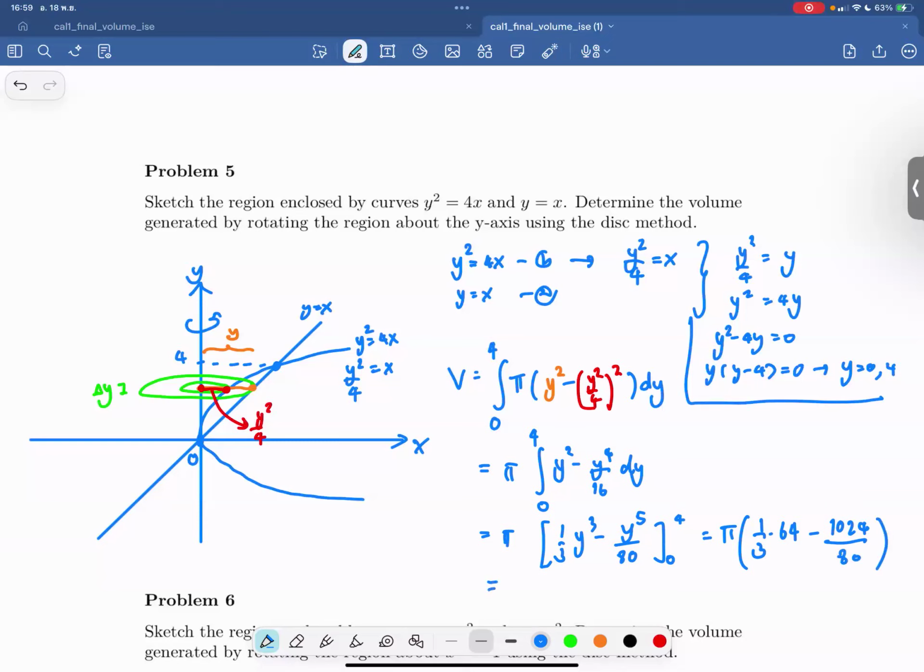And the final answer should be 128 pi over 15.